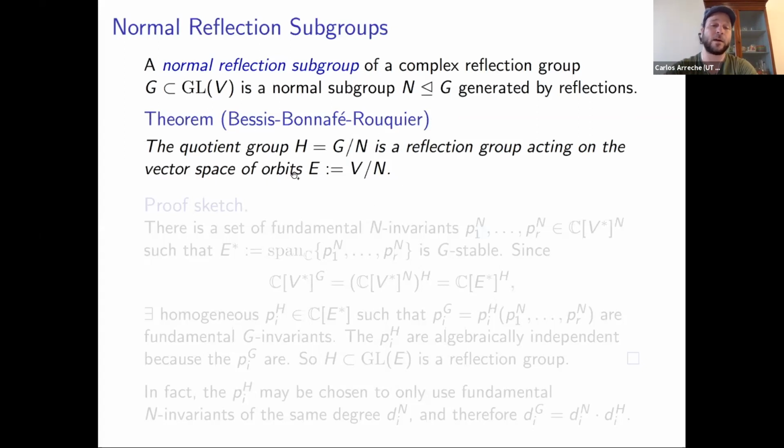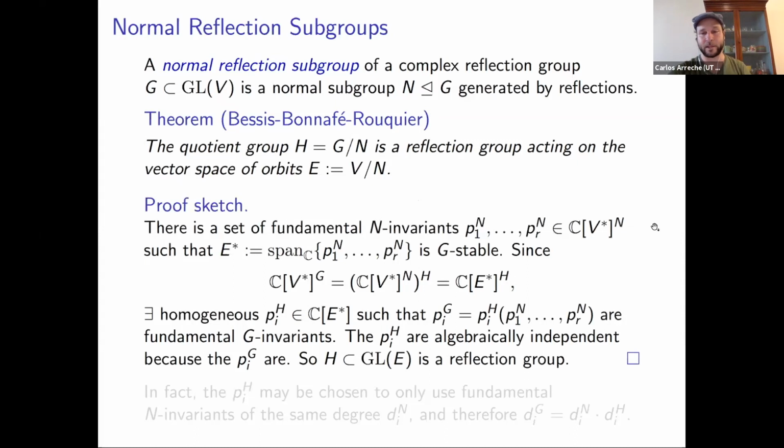This fact had already been proved by Bessis, Bonafé, and Rouquier in a bit more generality than what we show, and in our case, the arguments are a little bit more straightforward. So I couldn't resist trying to include a summary of how the proof goes.